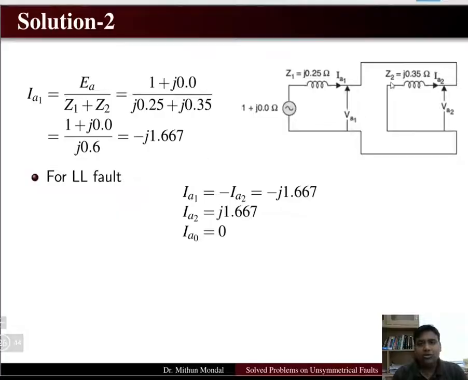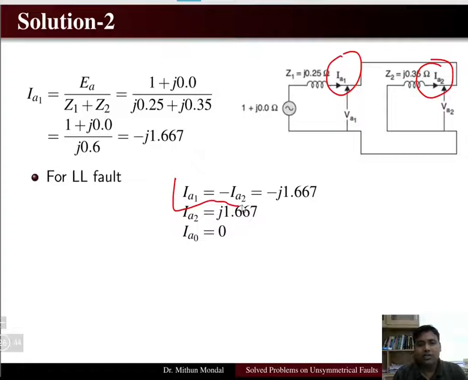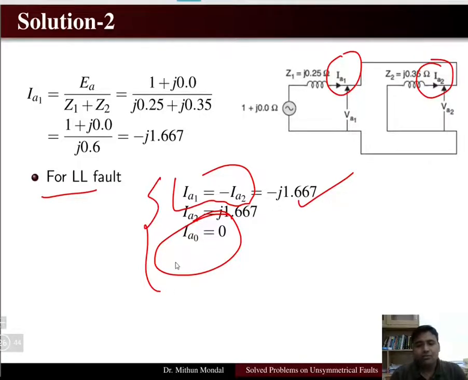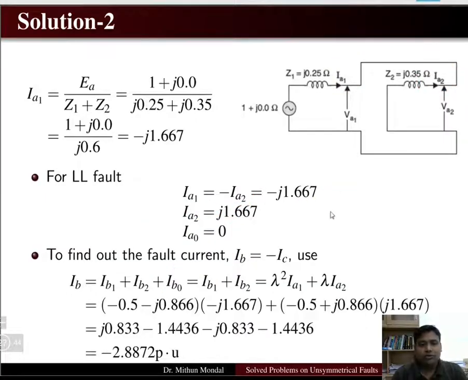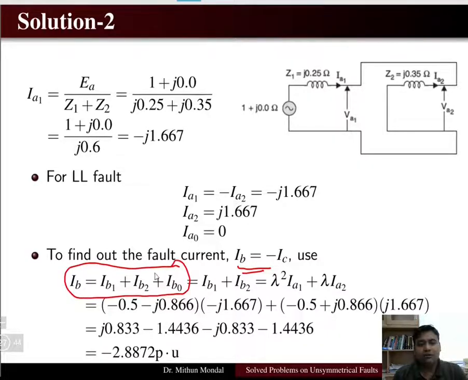From the circuit, IA1 is equal to minus IA2, so we can obtain IA2, and IA0 is 0 because there is no involvement of the ground. These are the fault currents we have obtained in terms of the sequence components. The fault current of the other phase, IB, is equal to minus IC, and IB is the sum of the three sequence components of the current, whereas the zero sequence component is 0 because there is no involvement of the ground.